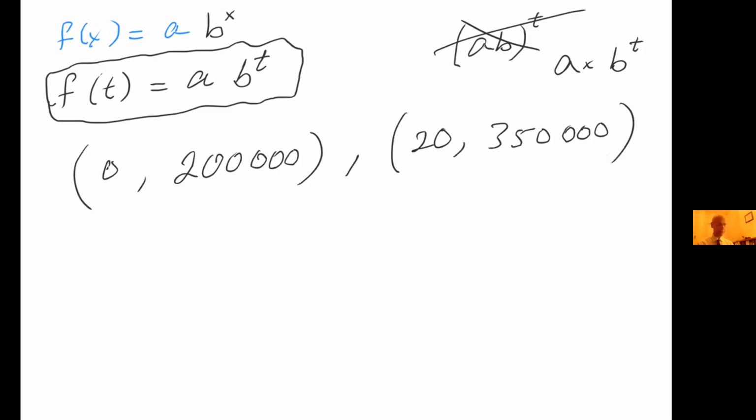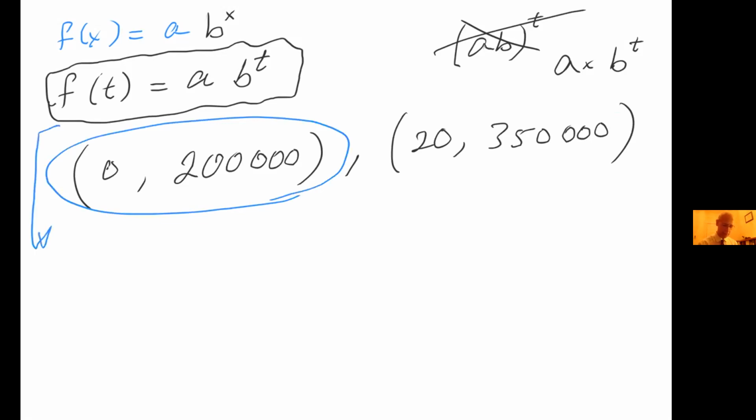So now I can use this information and proceed. First of all, let's use the first coordinate point. So f of t, in this case, 200,000 equals some a times b to the power of t, and my input t is 0 in here.